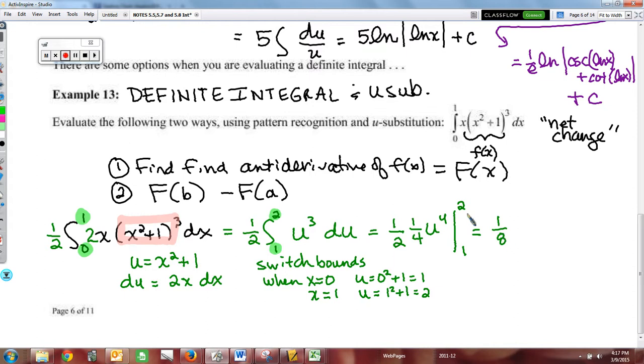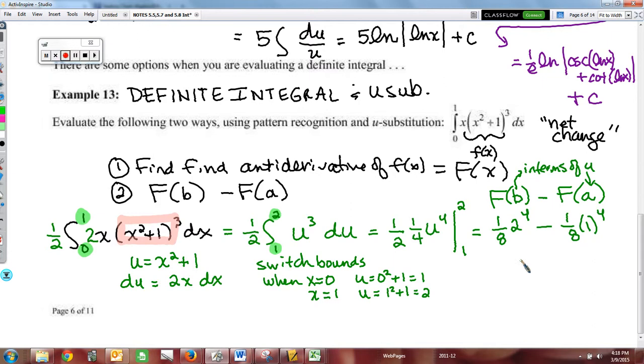So I would have 1/8, plug in your 2 to the 4th, minus your 1/8, and then your 1 to the 4th. That is my f of b minus f of a, except this was the b in terms of u, and so was my a.